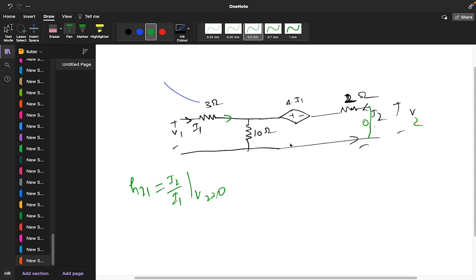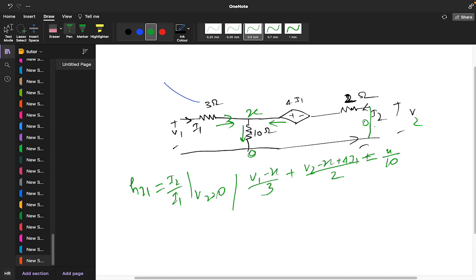I1. So same concept, take it as X, it's a 0, V1 minus X upon 3, some current is coming from this. So the incoming current is this I1 current, that is V1 minus X by 3, and again another incoming current is V2 minus X plus 4 I1 by 2, equal to X upon 10.